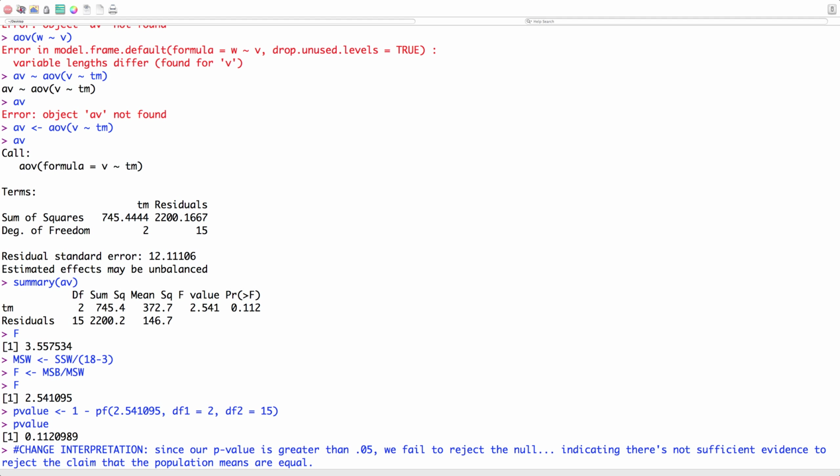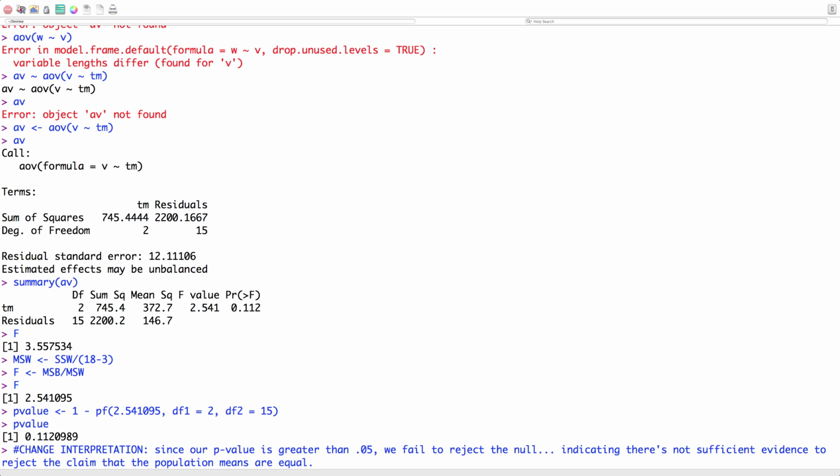And again, at the end of the day, we're not saying they're not equal. It's something I try to get through to my undergrad students all the time. We have to take words like true and false and prove and disprove out of our vocabulary when interpreting a p-value. The purpose of testing a hypothesis is to reject the null. And if our p-value is less than alpha, we reject. Doesn't mean that the null is false.